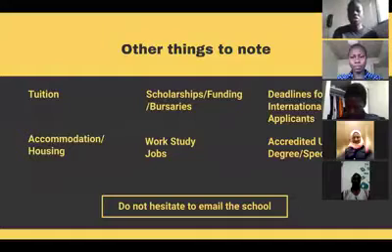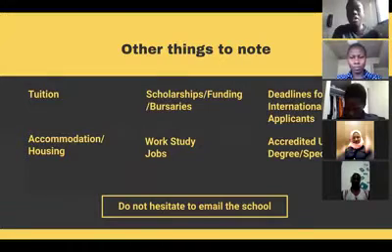There are so many jobs available, and trust me, it doesn't just give you the money, but it also gives you professional experience. So you're able to gain professional experience while studying on campus. You don't have to go all the way to look for jobs outside campus, because you have a work study portal where you can apply for jobs that are available on campus.